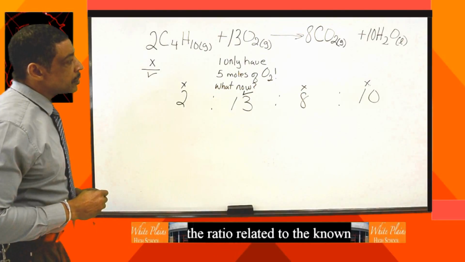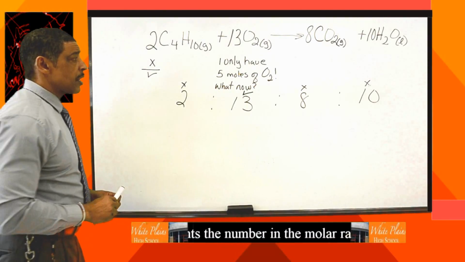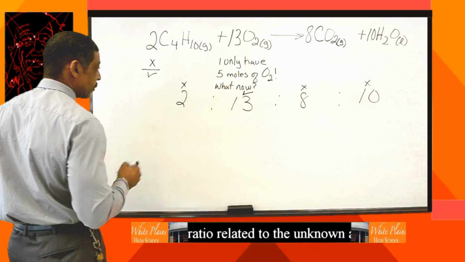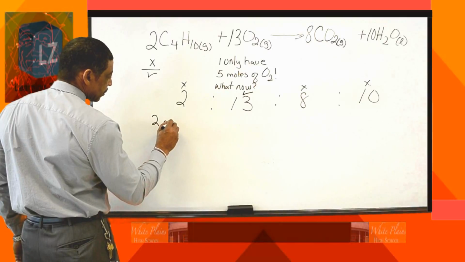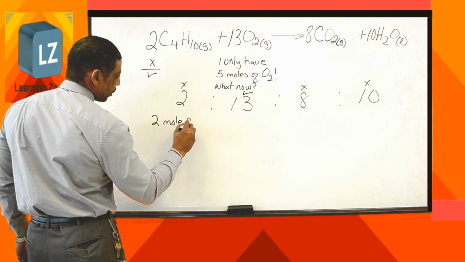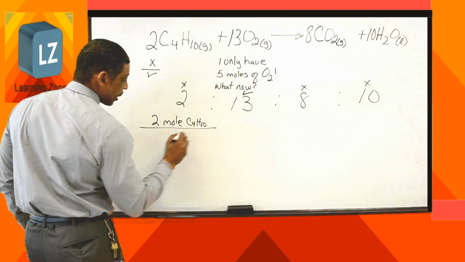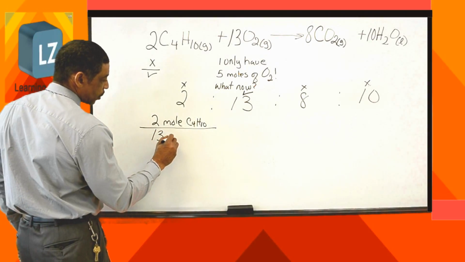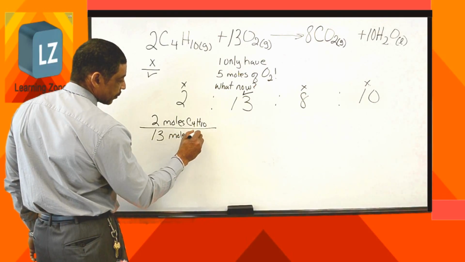So to determine the number of moles of butane gas consumed by 5 moles of oxygen gas, we write the following fraction. 2 moles of butane gas divided by 13 moles of oxygen gas.